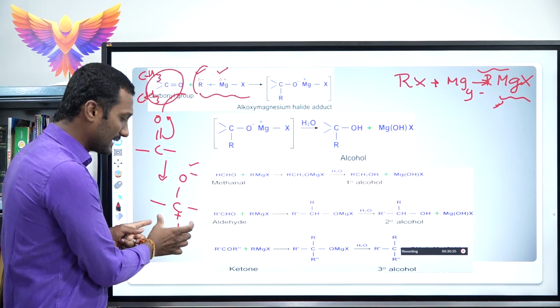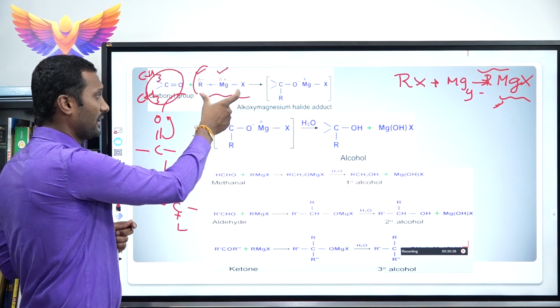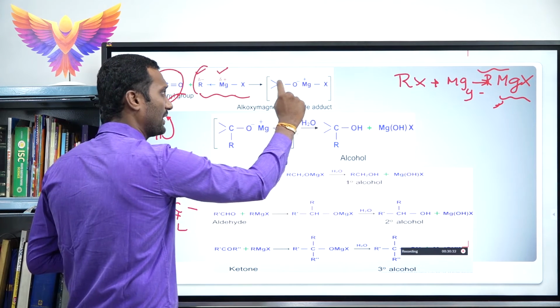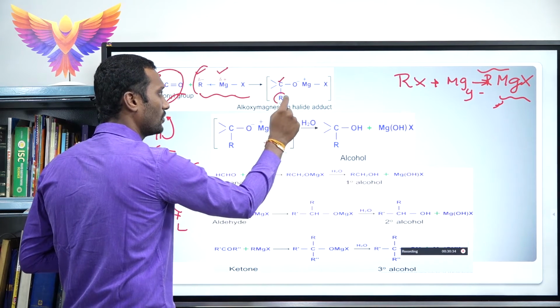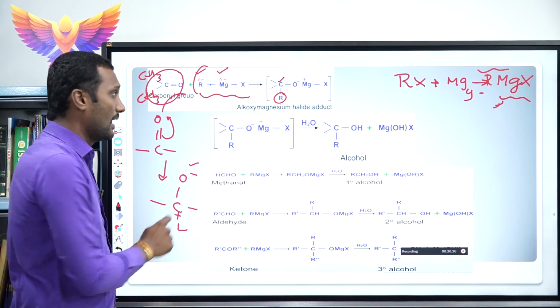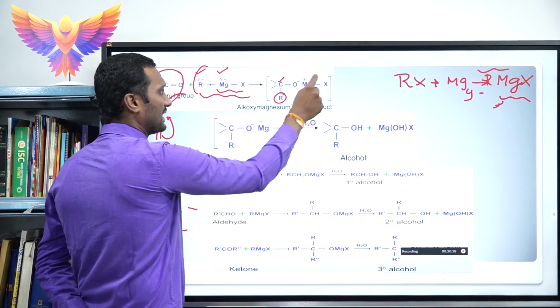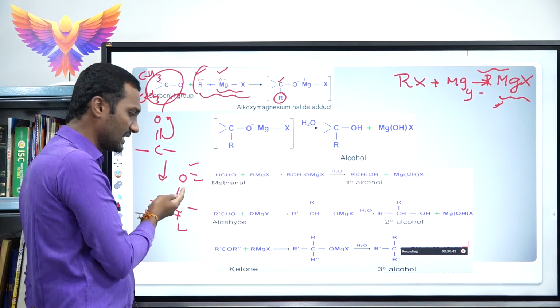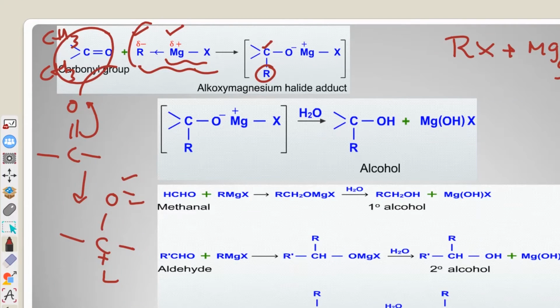So this Grignard reagent, RMgX, the negative charge will attack where there is a deficiency of electrons. You can observe only the R group is attached there, and the MgX group is attached where there are more electrons. This is the resonance, that's why I wrote it, to understand. So you will get OMgX.